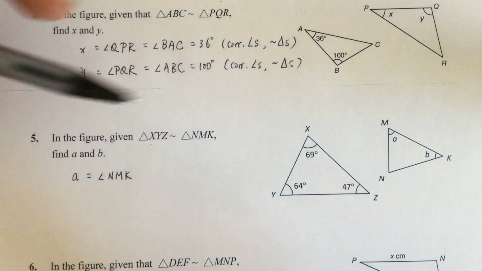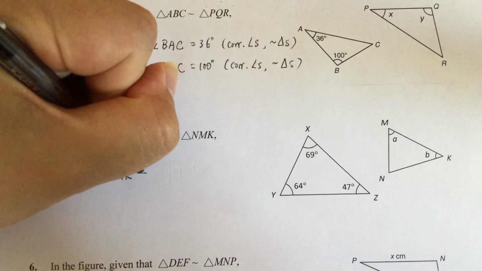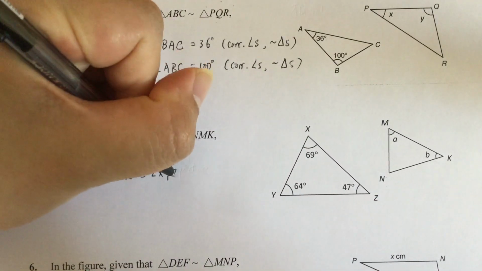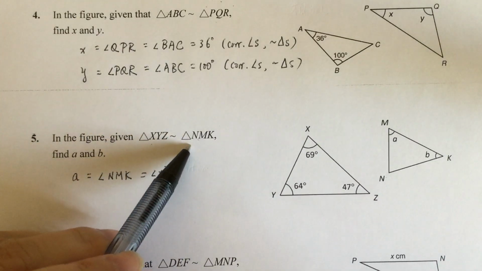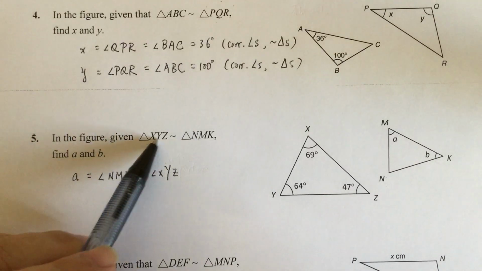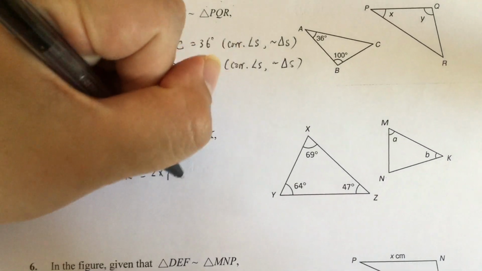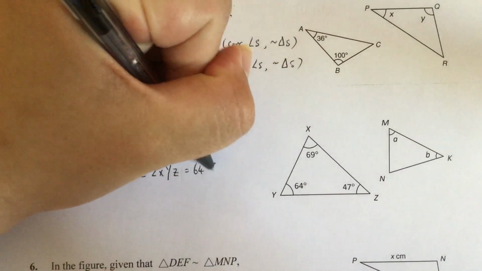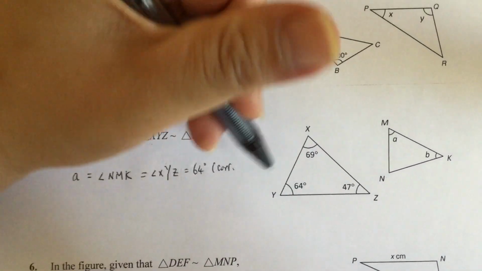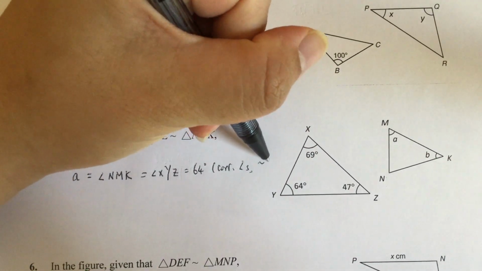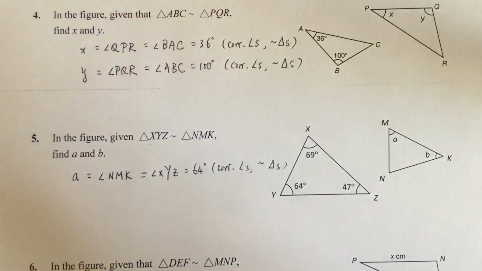And you can say that NMK is just directly equal to angle XYZ because we copy here following the order, so we copy the answer following the order here, XYZ. So I think the angle here is 64 degrees with the corresponding angles, similar triangles. So I think this is the first answer.